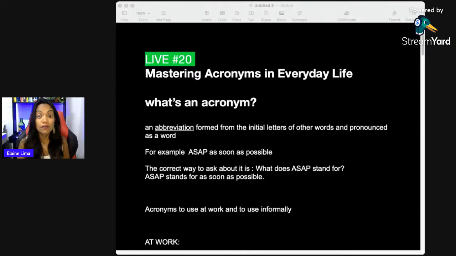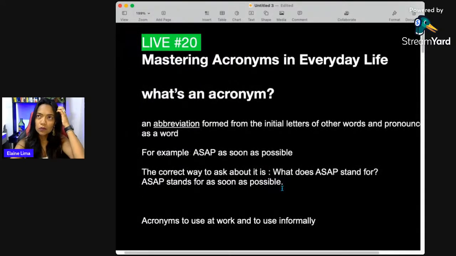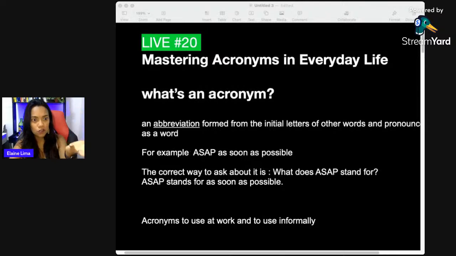Something very important we have to pay attention to is the way we ask about acronyms. In Portuguese, we would probably say, o que significa TJ? Or STJ. But in English, the correct way to ask about acronyms is, what does, then we mention the acronym, and then we use stand for.